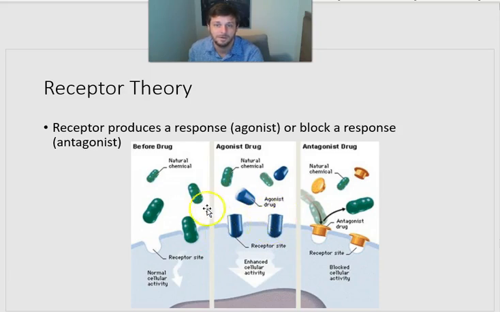So say you have X amount of this natural chemical, you add in an agonist drug, that is going to increase at least what your body is perceiving as this natural chemical. Then you have antagonists that block the receptor. So they're not going to enhance the cellular activity. They're actually going to stop the agonist or the natural chemical from binding and producing an action.